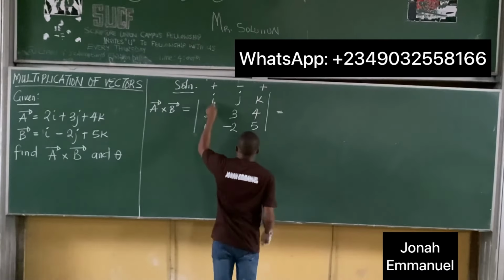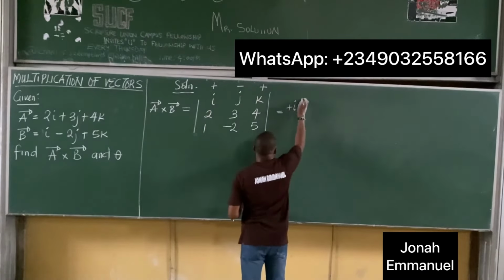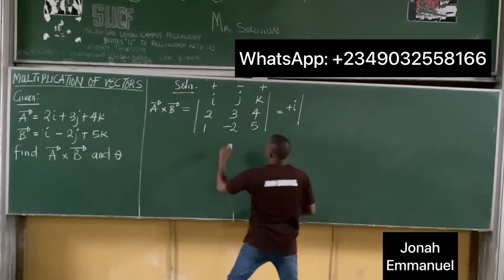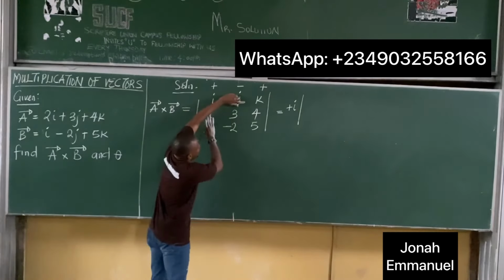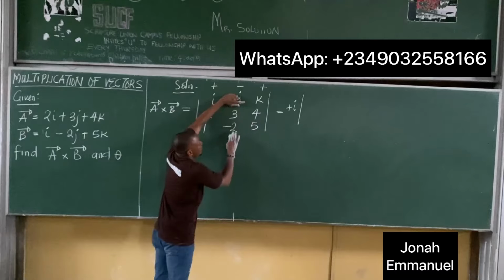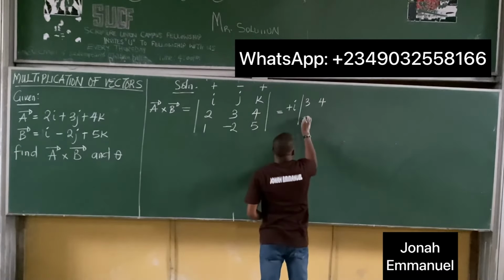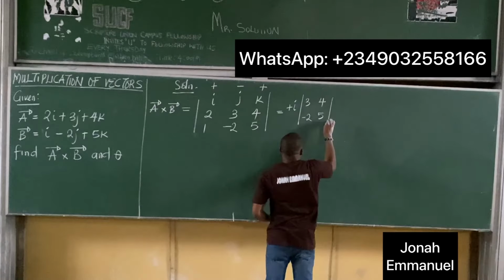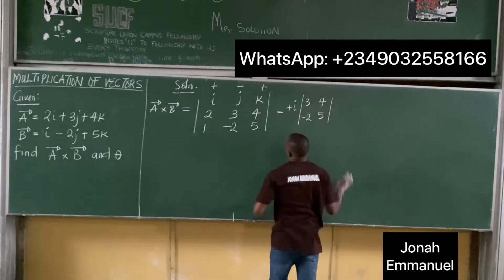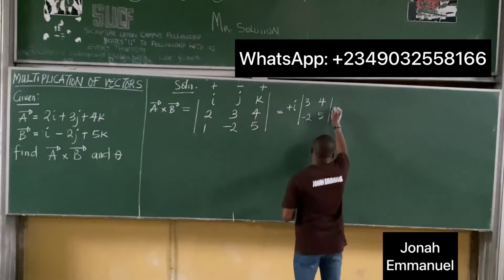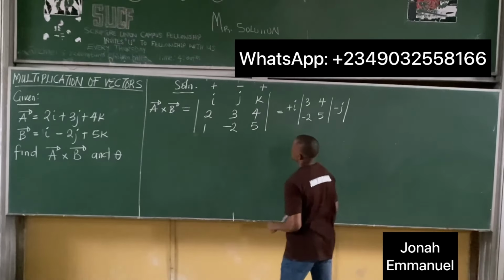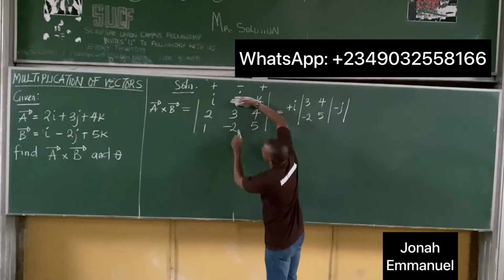So I have plus i into cover the row, cover the column: 3, 4, minus 2, 5. Next up is minus j into cover the row and the column.